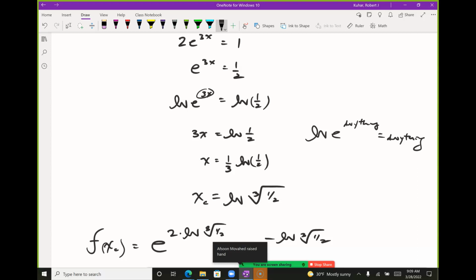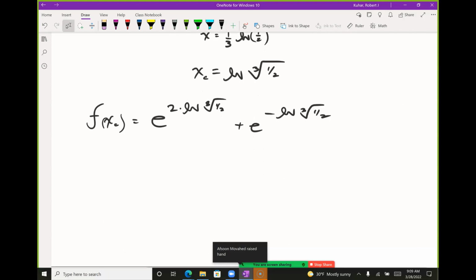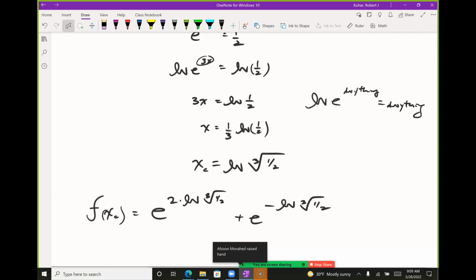Afsoon, question? I know what we did earlier, but at the last part, x is equal to 1/3 ln of 1/2. Did we use the log rule to make it a cube? Exactly, cube.